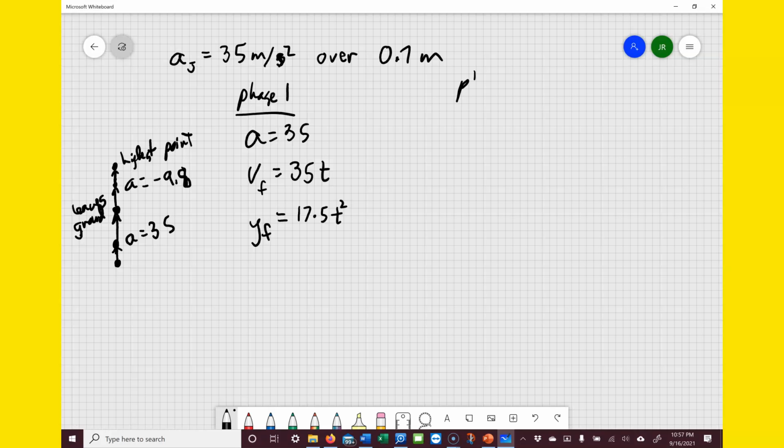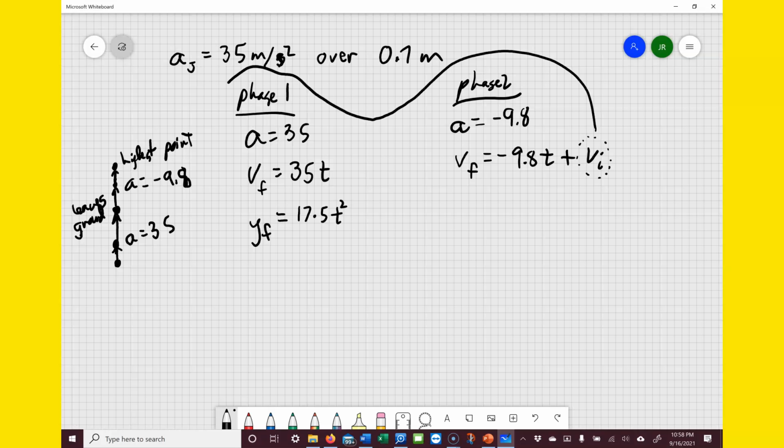Phase 2, a is negative 9.8. So v f is equal to negative 9.8 t plus v i. And this v i, by the way, is going to be the v f of phase 1. Because at the end of phase 1, he's going at a velocity that then becomes the initial velocity of phase 2.